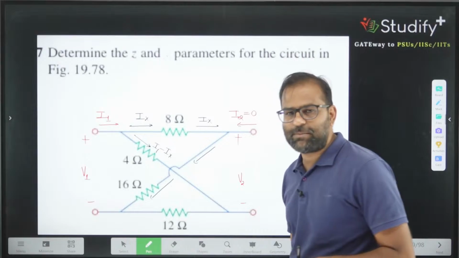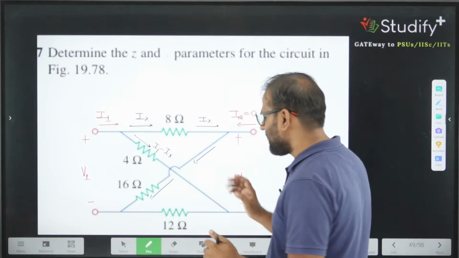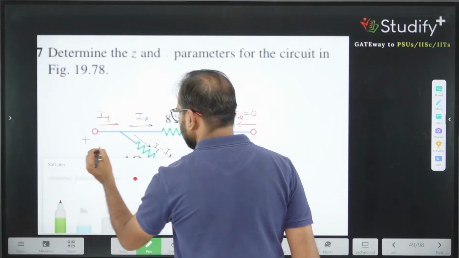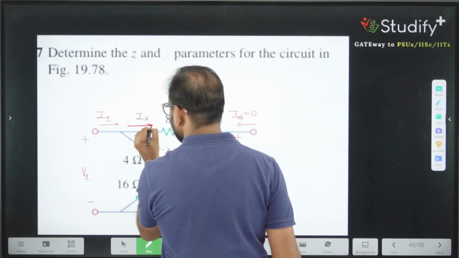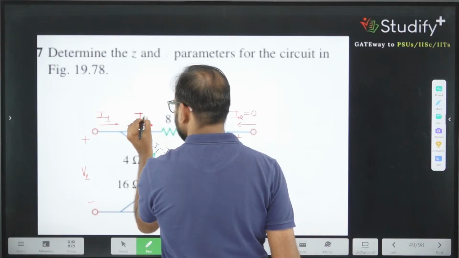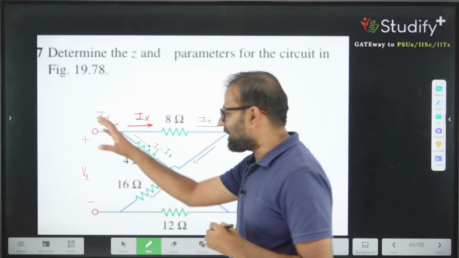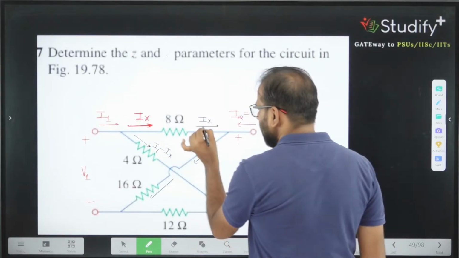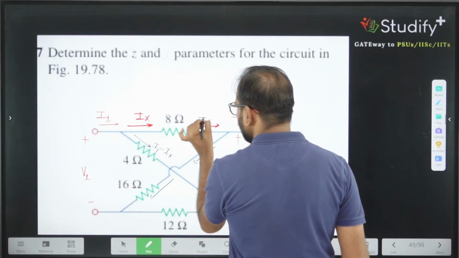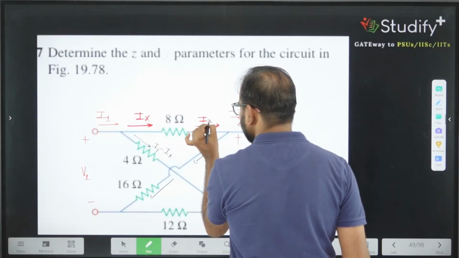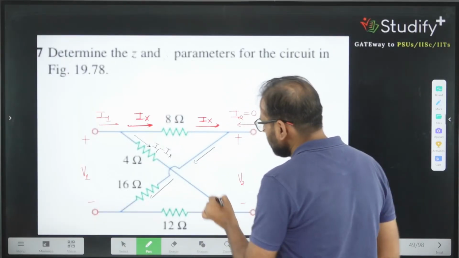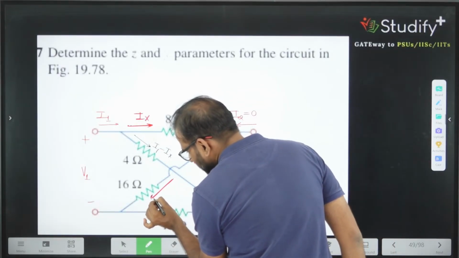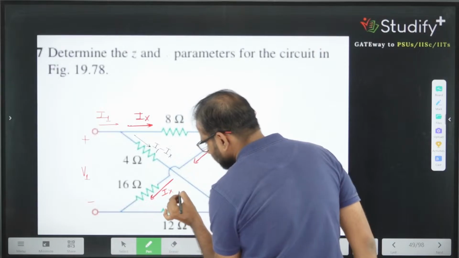If the current is the same, can you say these two resistances are in series combination? I1 current is coming from the source, so Ix current is going inside this. You don't have to redraw the network again and again. This is Ix, and here this current is also Ix.